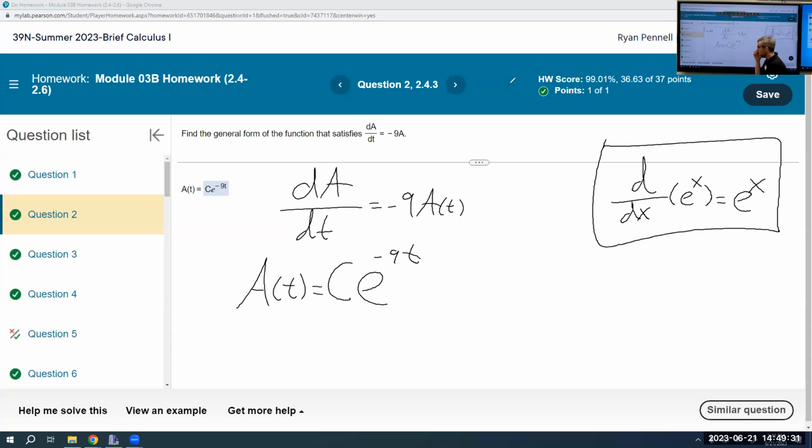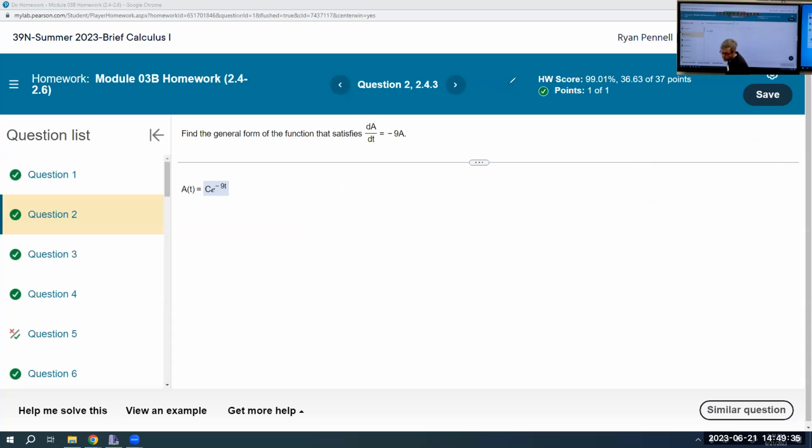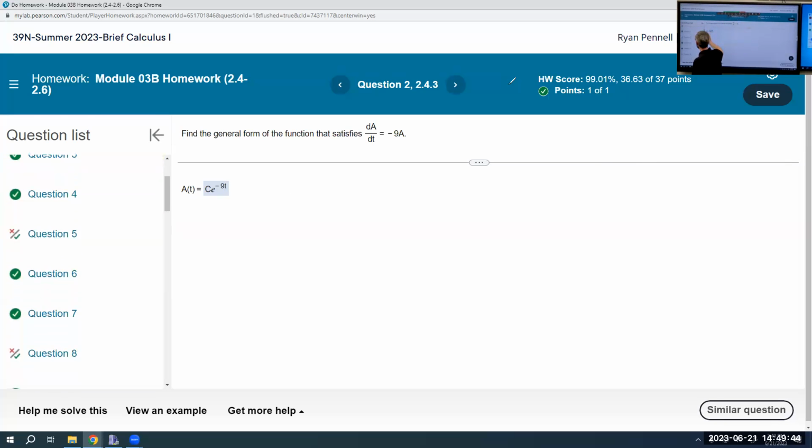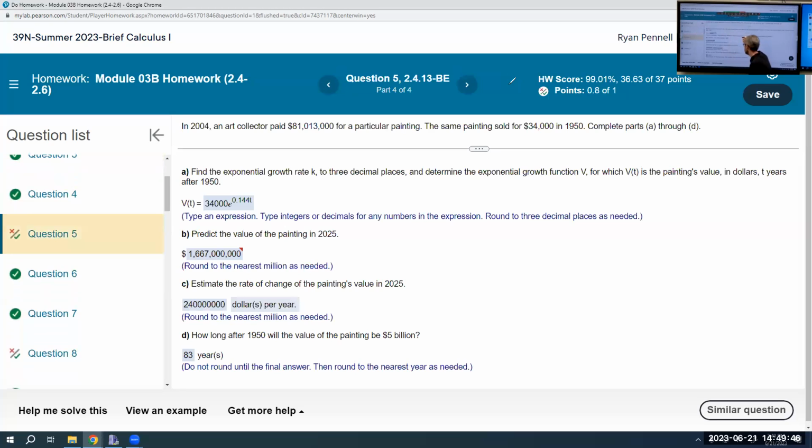Question 1, question 2. Now I'm going to skip all the way down to 13. I'm going to skip quite a few word problems. The only thing I want to mention to you is one I left incorrect because I wanted to show you how it's given to you.